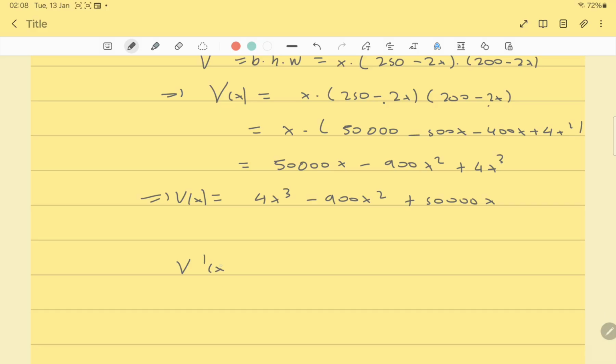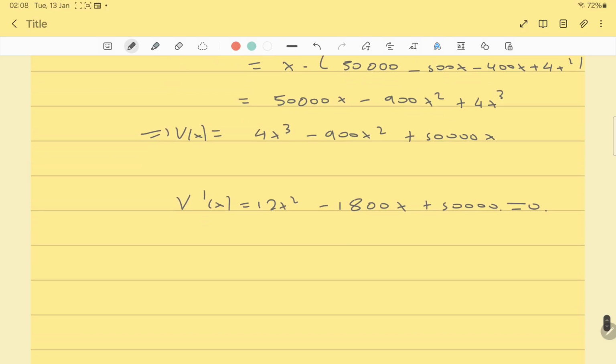The first derivative is going to be 12x squared minus 1,800x plus 50,000, and you take this equal to 0. You solve the quadratic equation, and by a numerical package, you can find that x1, the first root, is 147, x2 is 2.8.